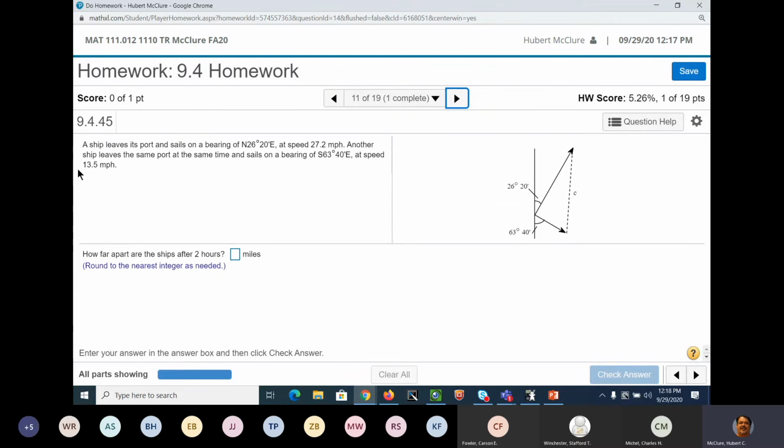Okay, a ship leaves its port and sails on a bearing of north 2620. And another ship leaves the same port on a bearing of south 6340 at speed 13.5. So that's 13.5, and that's 27.2. How far are the ships after 2 hours?